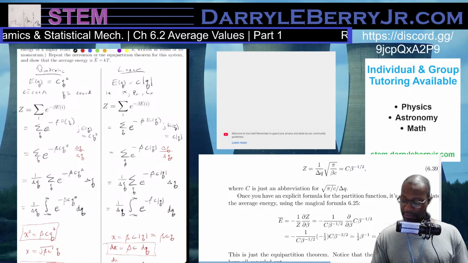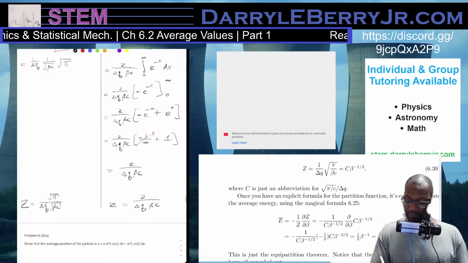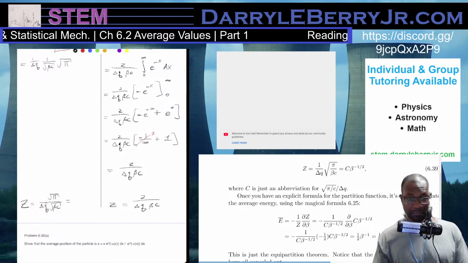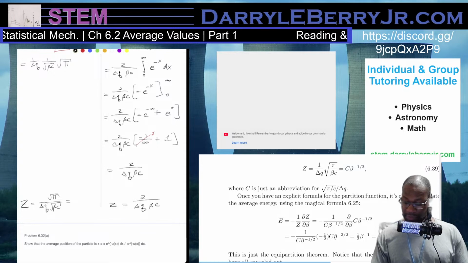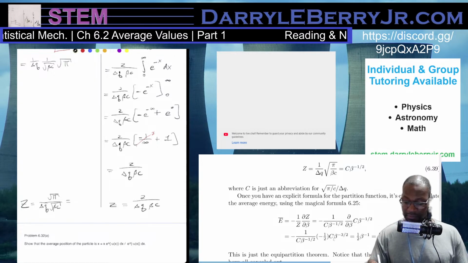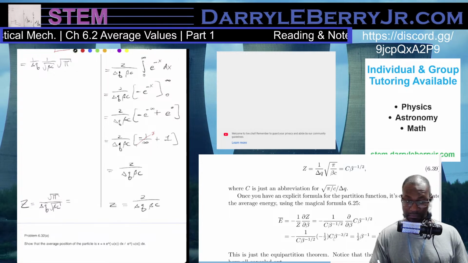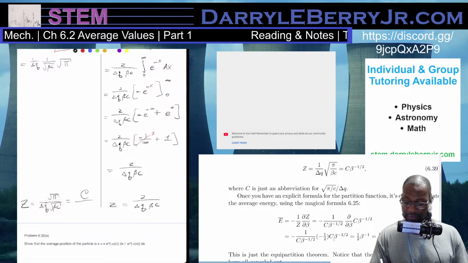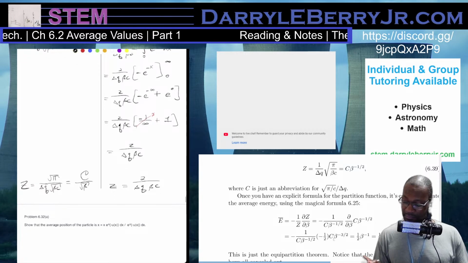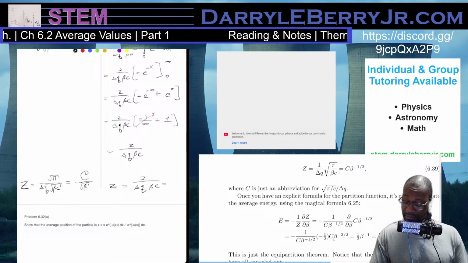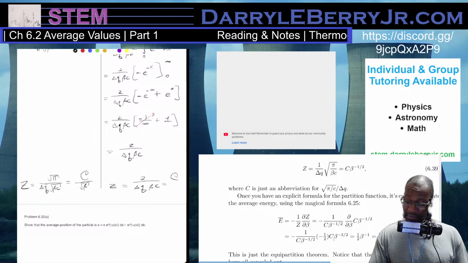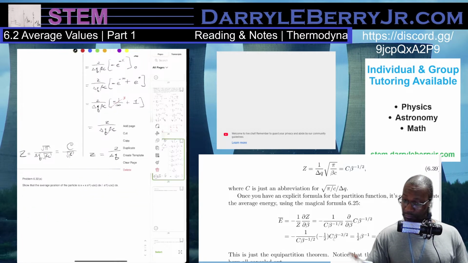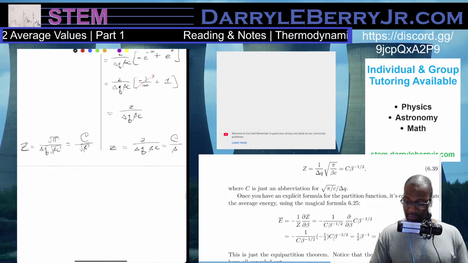I see it just puts it in C. So that equals everything but B is in C. Call that C over square root of B. And this will be C over B. Right?